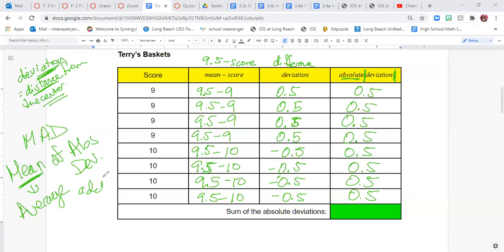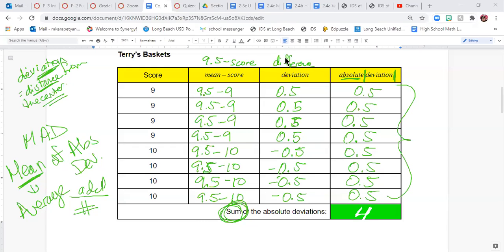We add them all up together and then we divide by the number that we have, right? So we're going to take all of our absolute deviations here and add them all together. 0.5 plus 0.5 plus 0.5 plus 0.5 plus 0.5 plus 0.5 plus 0.5 plus 0.5, which gives us a nice 4.